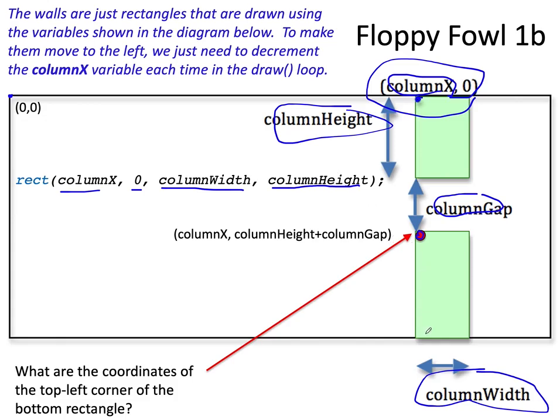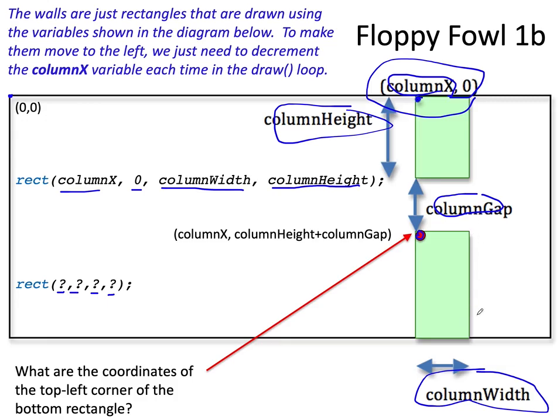But how do we draw this bottom one? And this is the one where it gets a little bit more exciting. I actually gave you a hint already. You already know what these two coordinates are because we just solved it. But how do you figure out how tall to draw it and how wide to draw this bottom one? Hint, it should be the same width as the top one. And the height is going to be a little bit more challenging.